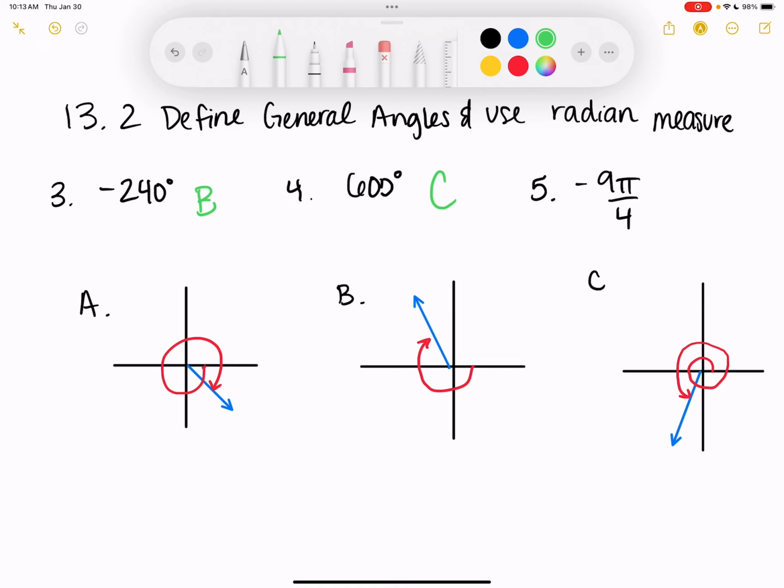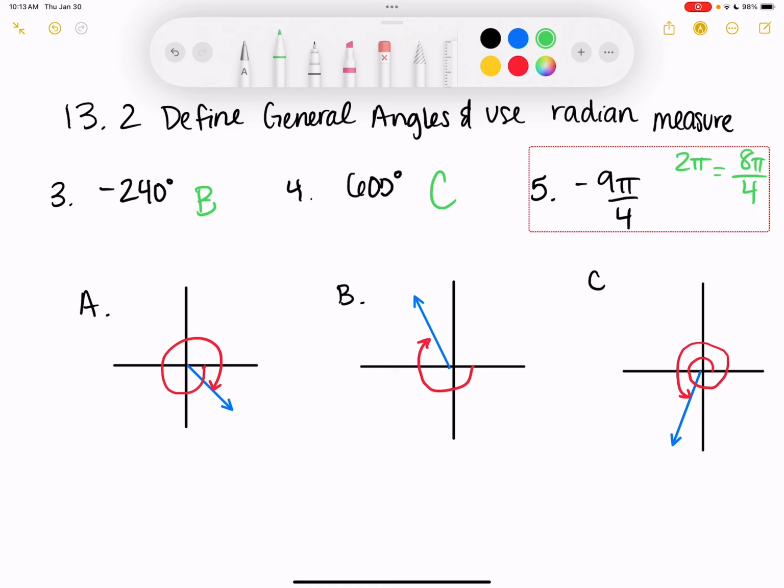All right, now this last one. We know that 2 pi is all the way around. So if I want 2 pi to have a common denominator of 4, then I can rewrite that as 8 pi over 4.